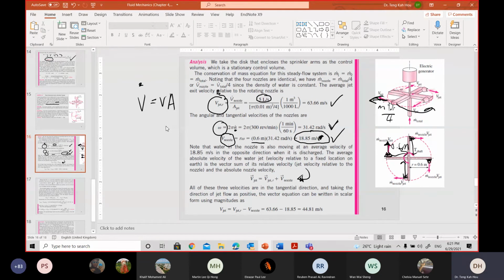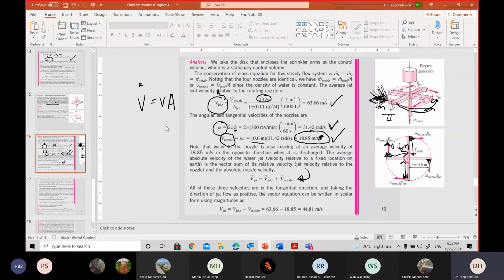Do you get what I mean? Let's say imagine all this water discharges from here. When they discharge here, you will contribute to your whole thing rotating backwards. Am I right? Yes, class? I mean, it is logical thinking.